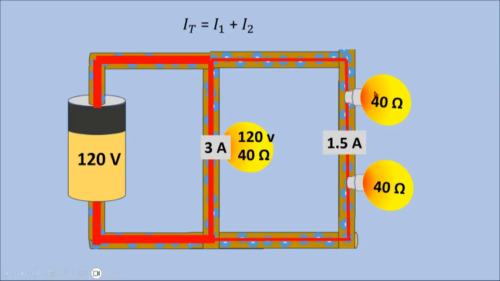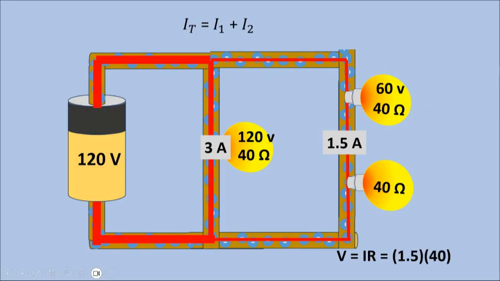Now, how many volts go across each one of these light bulbs individually? We're going to use Ohm's law. Voltage equals current times resistance, which would be 1.5 times 40 for an individual light bulb, or 60. So this light bulb here has 60 volts.